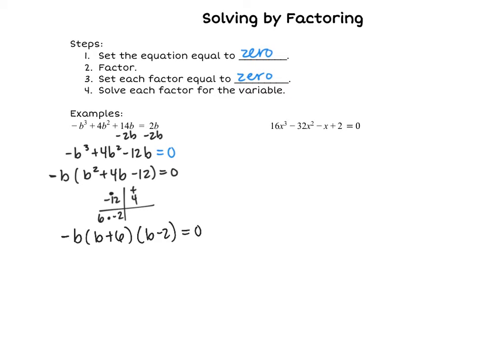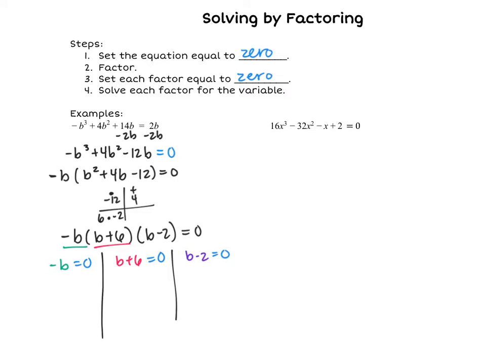To finish off the problem, I just need to set each factor equal to 0 and solve for each variable. Now notice in this example, because my greatest common factor had a variable, b, I had to set it equal to 0. However, if your greatest common factor didn't have a variable in it, you would not have to set it equal to 0, as there would be no variable to solve for.